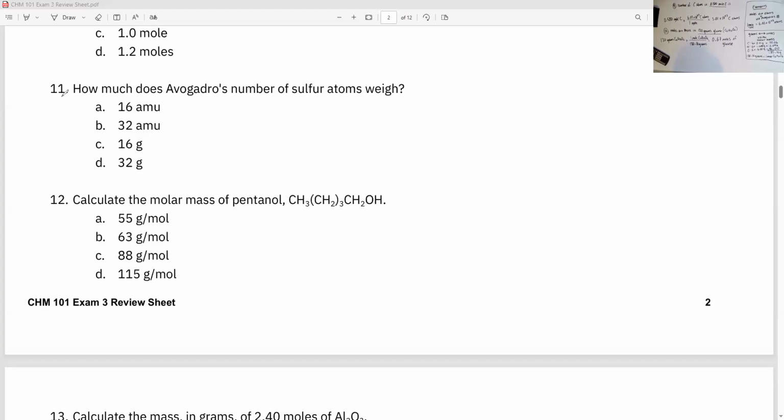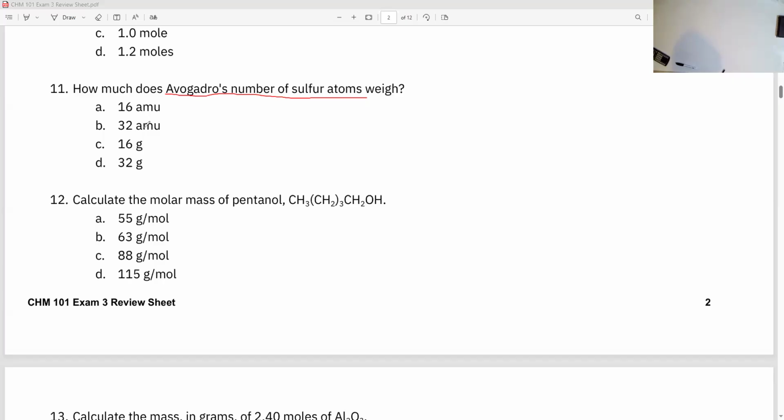So question number 11 says, how much does Avogadro's number of sulfur atoms weigh? To answer a question like this, we have to know a little bit about the definition of molar mass. Remember that we can look at the periodic table, at those numbers listed beneath our elements, and we have used the unit AMU to represent that number before.